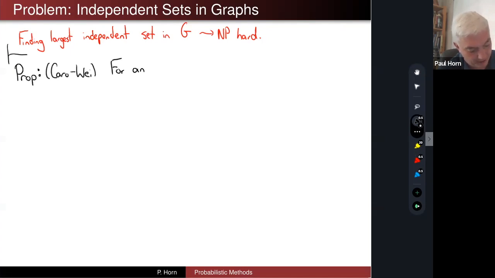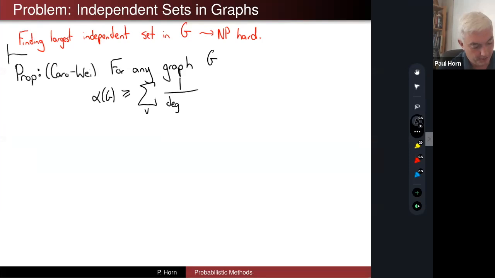For any graph G, the independence number of G is at least as big as the sum over all the vertices of 1 over the degree of v plus 1. So this gives a lower bound on the independence number of any graph, based just on the degree sequence of the graph.